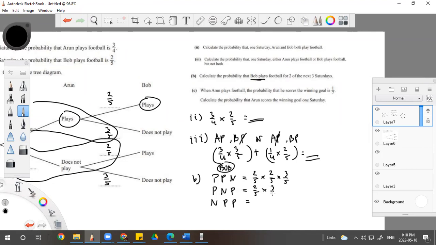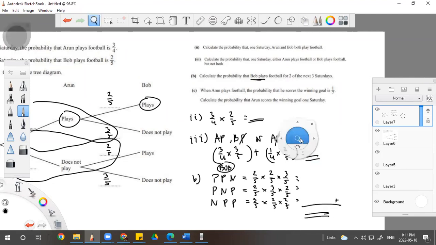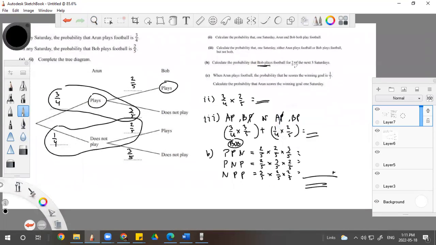Sebenarnya urutan doang yang beda, position-nya aja. Lu hitung, lu tambahin hasil. Pokoknya 2 kali main dari 3 Saturdays.